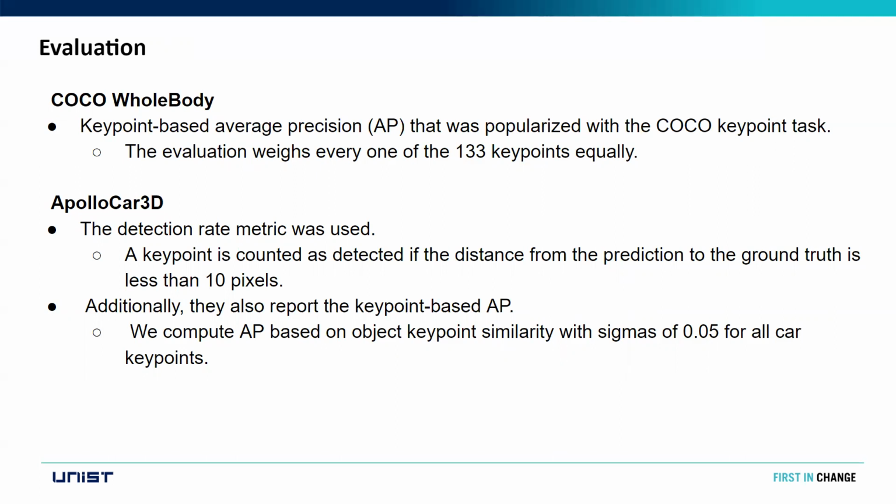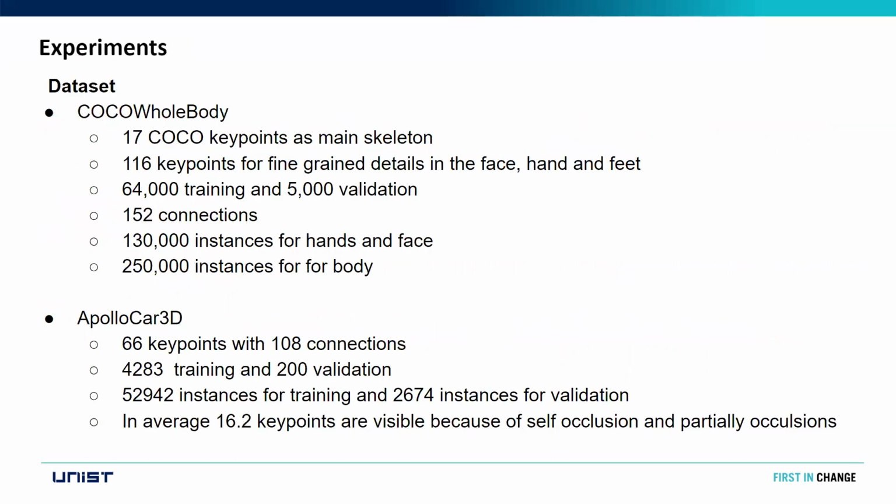They evaluate their method on the COCO WholeBody dataset and the ApolloCar3D dataset. For COCO WholeBody, they use the previous key points of the COCO dataset and add 160 fine-grained details. The ApolloCar data is similar to that.